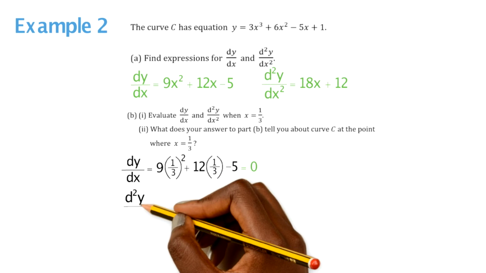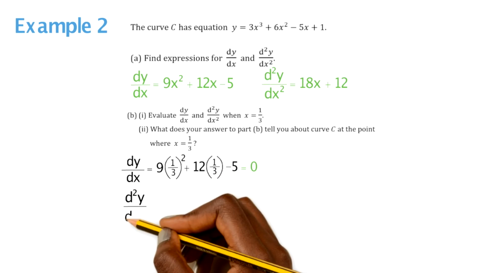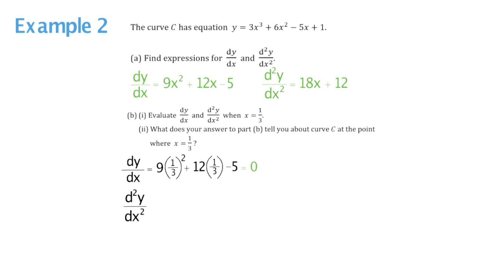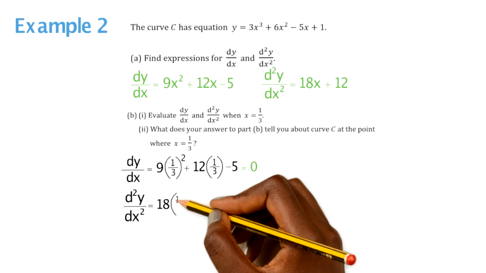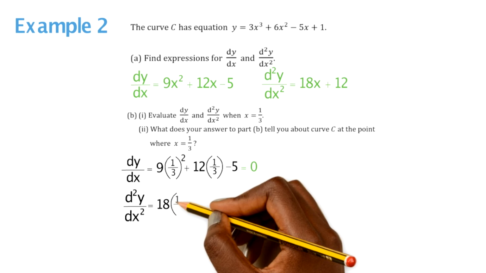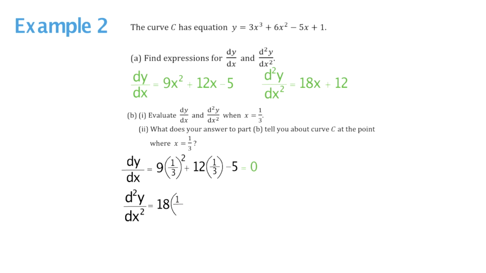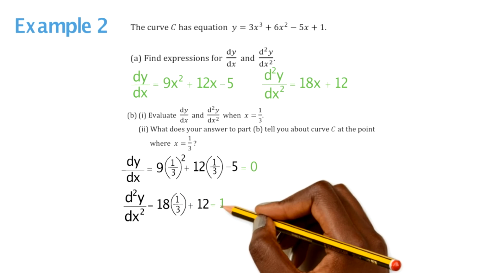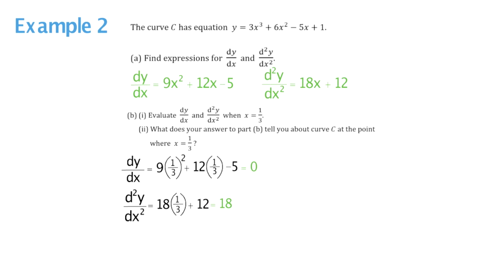Then if we were to work out the d2y by dx squared, you would end up with 18 multiplied by a third plus 12. And that would leave you with an answer of 18.